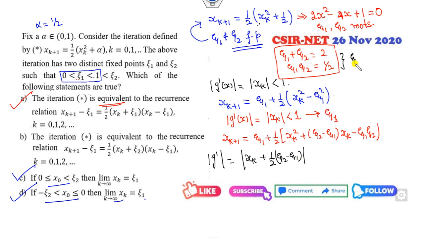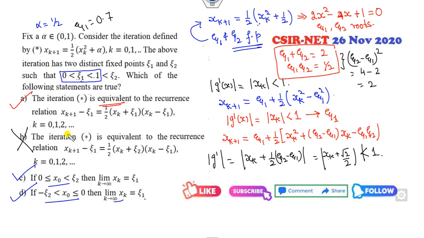If I take xi2 minus xi1 square, it will be 4 minus 4 times this, it will be 2. So this number will be root 2. So if x_k converges to xi1, it should be less than 1. Definitely it is not less than 1, because if I say xi1 is 0.7, then it is greater than 1. So it is not convergent, it is not equivalent.